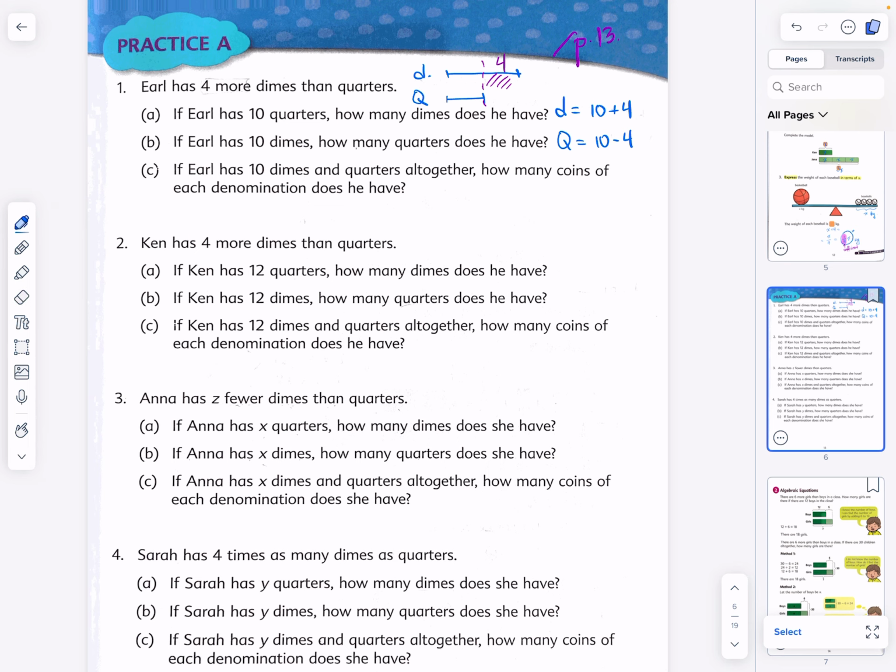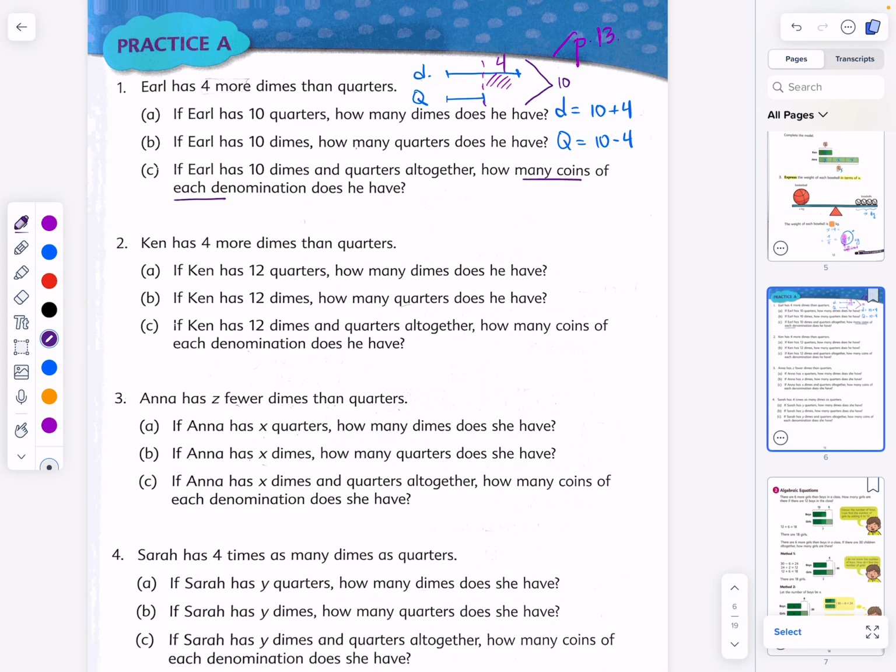If Earl has 10 dimes and quarters, now this is a harder problem to solve. Let's tackle this. If Earl altogether has 10, how do we find how many coins of each denomination he has? We've solved these problems in 3rd and 4th grade. Step 1, remove the difference.